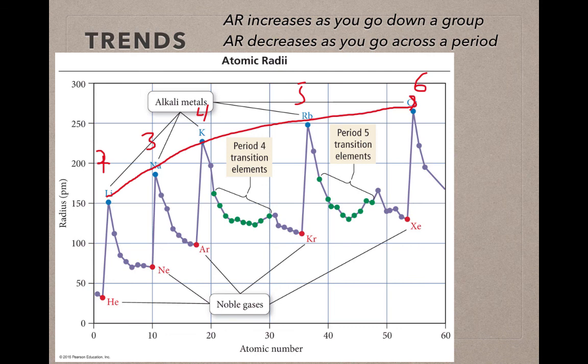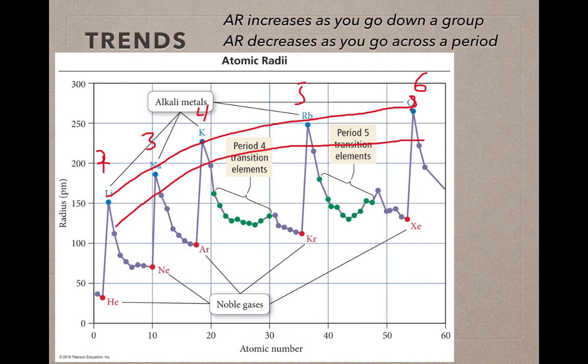As we go down group 1A, we see that the atomic radius on the y-axis is getting larger and larger. And if we went over to group 2A, which would be the second dot right here, it's also getting bigger as we go down that group. So as we go down a group, atomic radius increases.